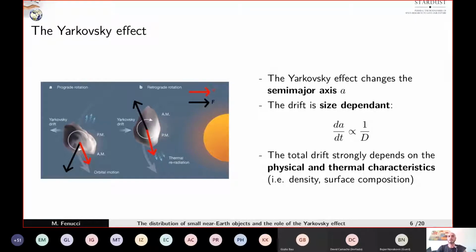More importantly, the drift is size dependent, and it scales as 1/D. This means that for small objects the drift could be much faster than for larger objects. Besides this size dependency, the total drift also depends on physical and thermal characteristics of the asteroids, such as the density, the surface composition, and thermal properties.